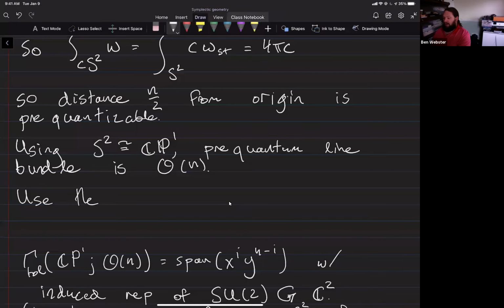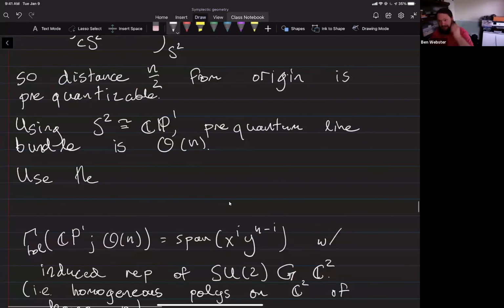I mean, the right way to think about it is it's the bundle whose holomorphic sections are homogeneous polynomials of degree n. And the reason it's the dual tautological bundle is, I think it depends which version of projective space you're thinking about.